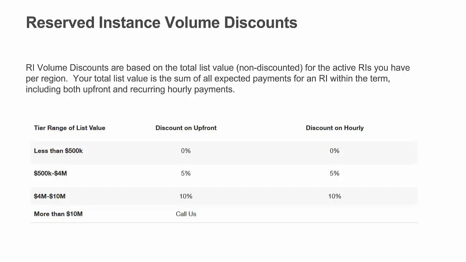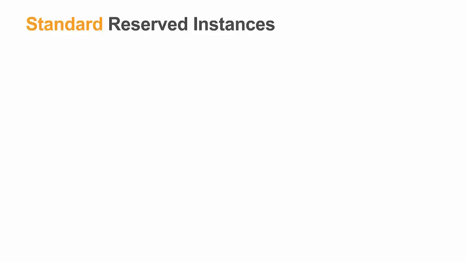The table that you can see on your screen right now shows the applicable discounts depending on the list value tiers. If your account is part of a consolidated billing family, then the list value of all the RIs across all your accounts are used to calculate your discounts here. You do not need to take any action to take advantage of the volume discounts, and these will be applied automatically at the time of purchase.